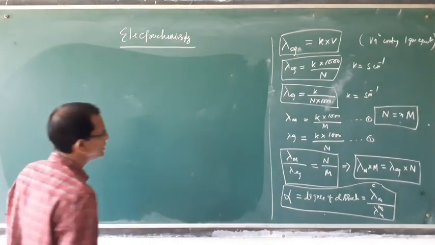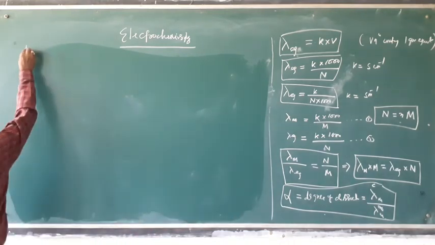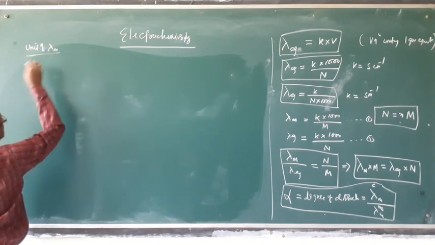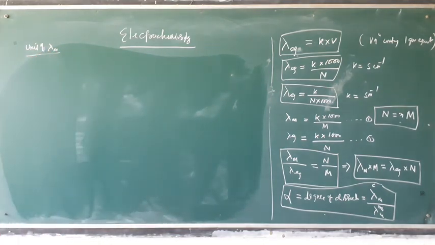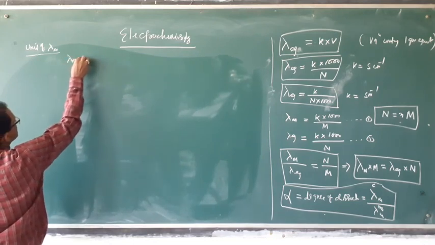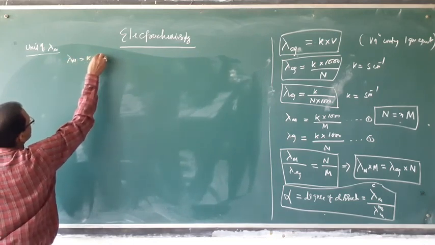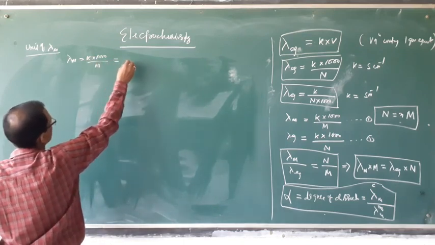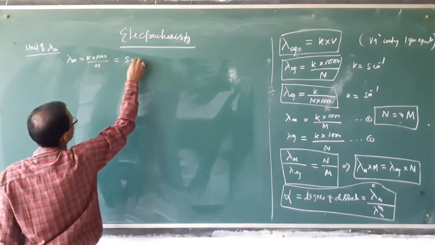So what is the unit of lambda m? Very easy: lambda m is equal to kappa into 1000 by m. Kappa unit is ohm inverse centimeter inverse.